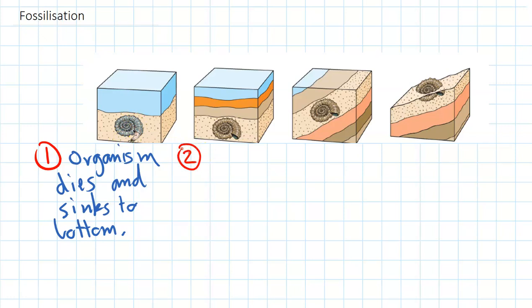So it's sunk to the bottom. Over time, depending if it's the right environment, then layers of sediment, which is clay and dirt and silt, start to pile on top of that dead organism. So eventually it gets covered in layers of sediment.